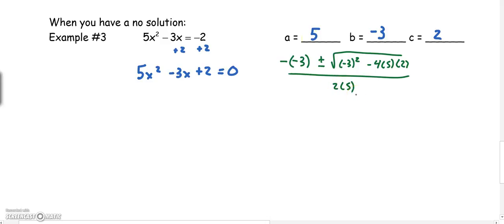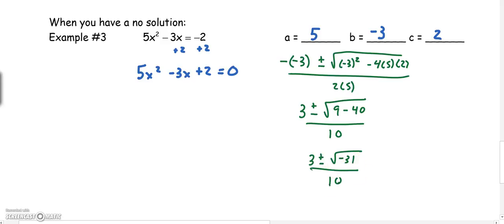Now, when I simplify this time, I get 3 plus or minus the square root of 9 minus 40 all over 10. When I simplify the radical, I get a negative 31. You cannot take the square root of a negative number. So whenever this happens, this is a no solution problem. So because of this negative 31, you can't take the square root, so we have a no solution.